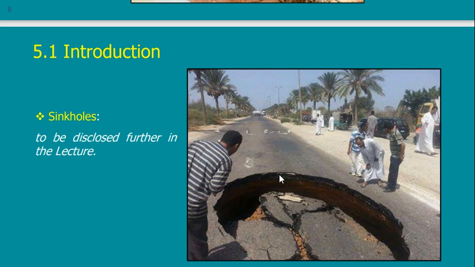It's not found a lot in Egypt, but it is found. This photo is taken in Egypt, below a road in the north coast. So it is found in Egypt. It's found everywhere. So we have to know it, because we may face it in the future.